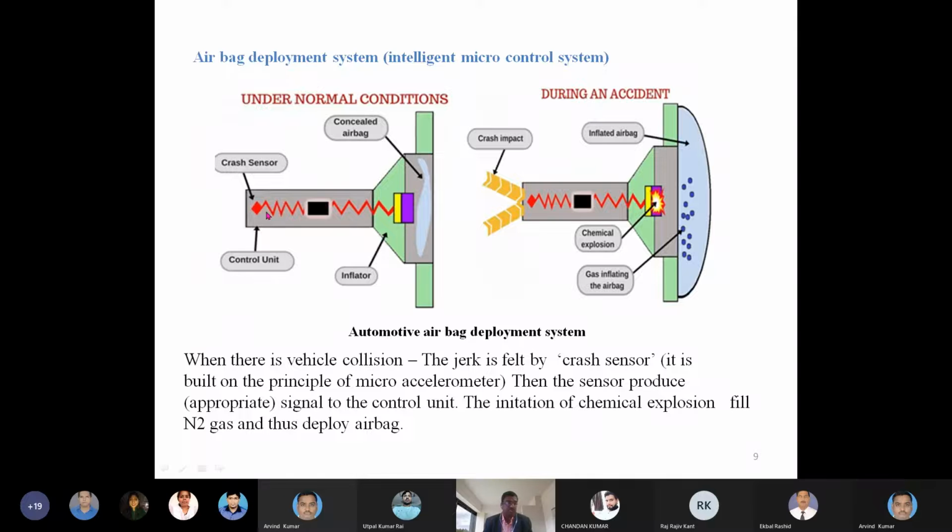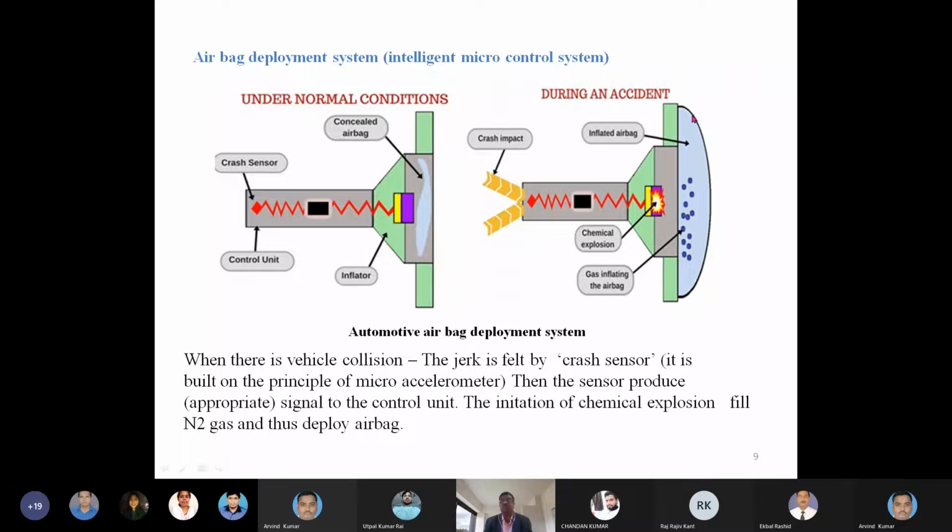During a vehicle collision, the crash sensor is subjected to a jerk, which is detected by the accelerometer. The accelerometer generates a signal to a microcontroller system, which explodes some chemical, and this chemical generates argon, or I mean nitrogen gas, that fills the bag.